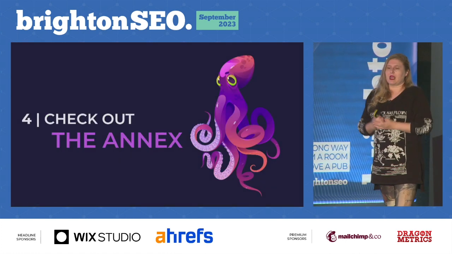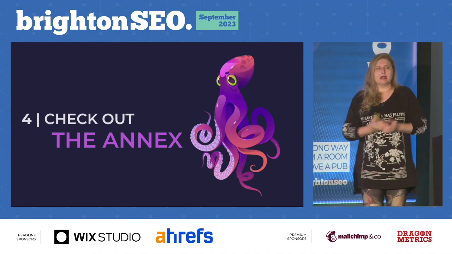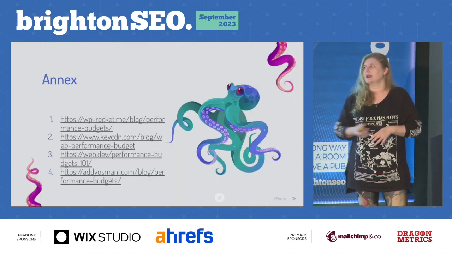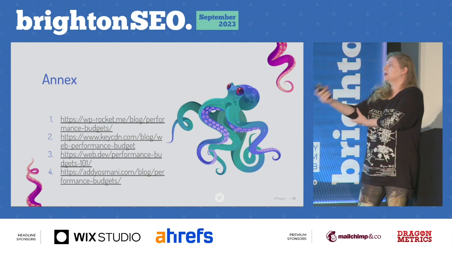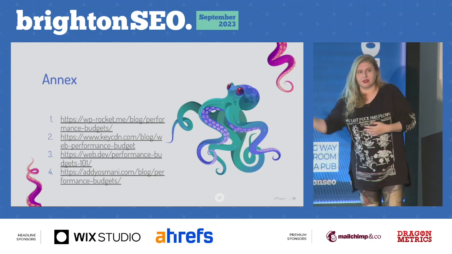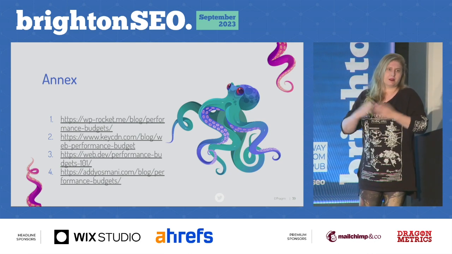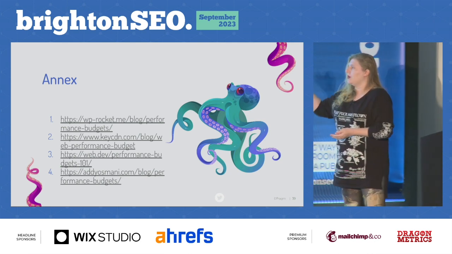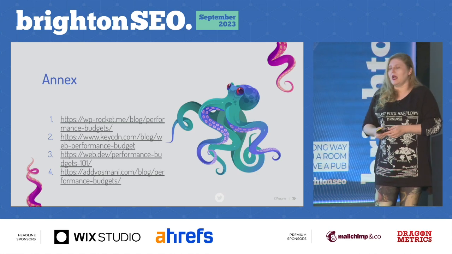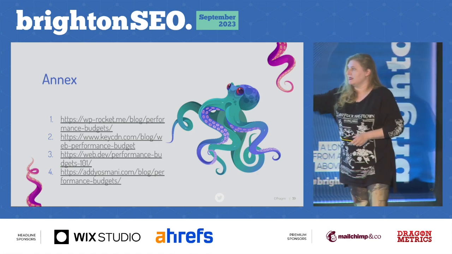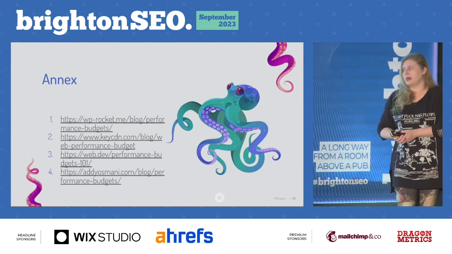And I'm gonna go over this really, really fast because I didn't come up with this all alone, like I said. So there are a few articles. WP Rocket, I worked with them quite a few years ago. They have solid documentation. They're all about performance for WordPress. You have KeyCDN. Web.dev is great. And last but not least, this is the person that inspired me to talk about this.